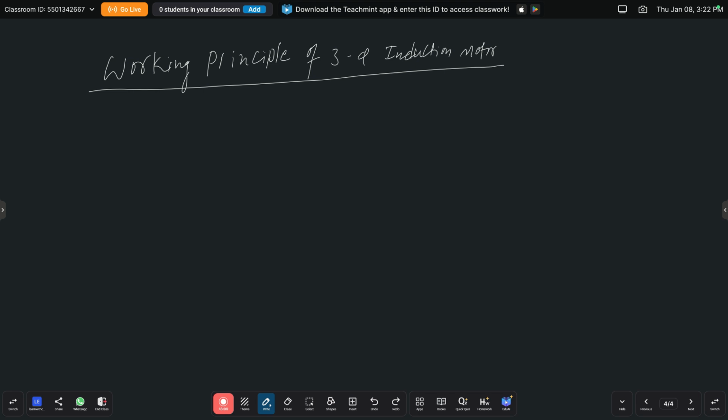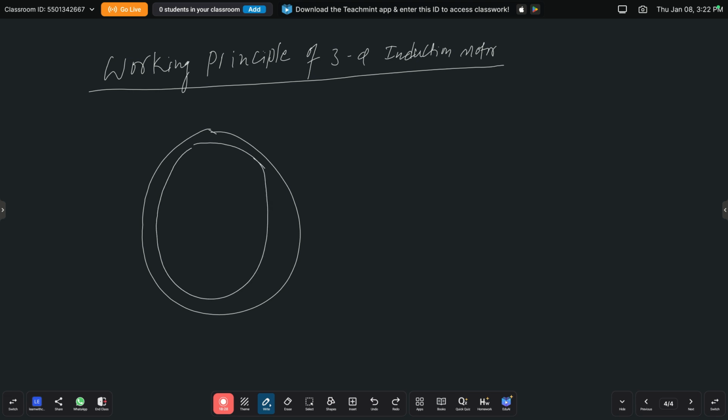We have seen two main parts of the three-phase induction motor: one is the stator, one is the rotor. Let us see again. This is the stator. The stator has stator conductors or stator windings.